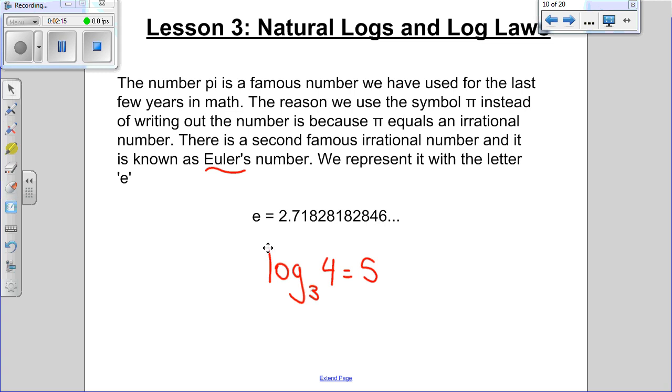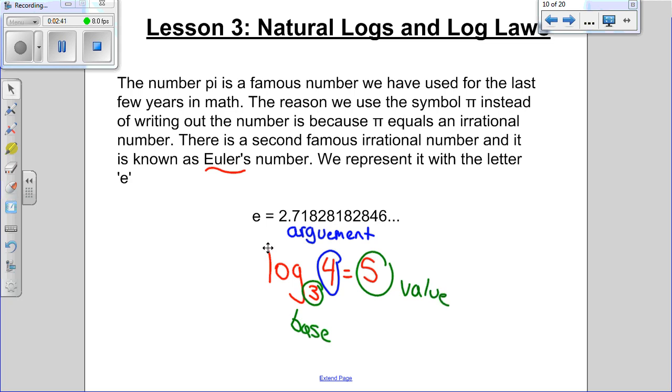When it's this number 3 here, we call that the base. This number 4, we call that the argument. And this number 5 over here, we call that the value. That's just the terminology we use.